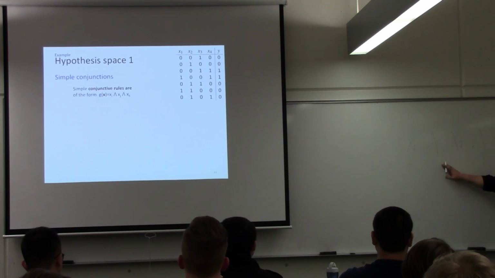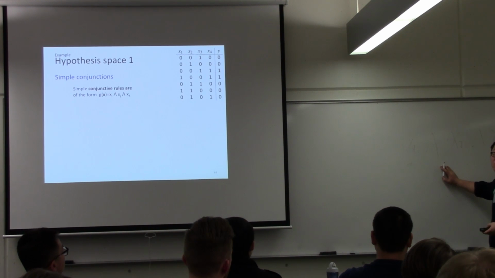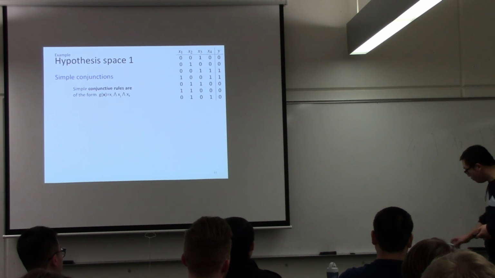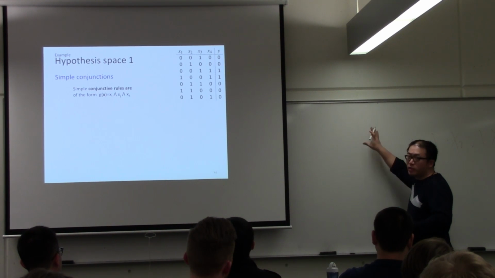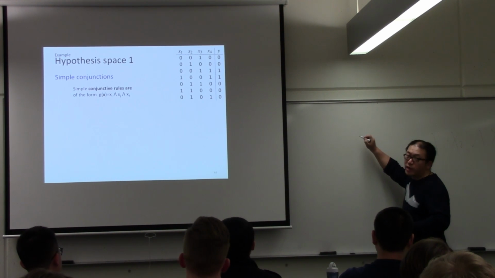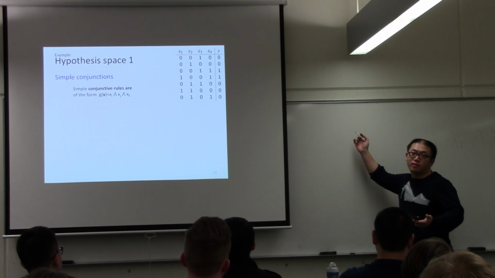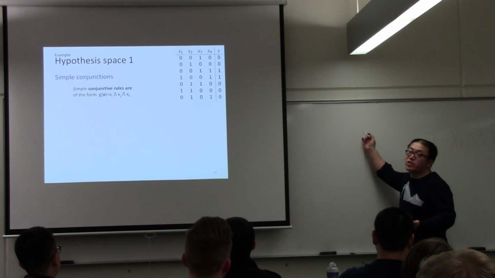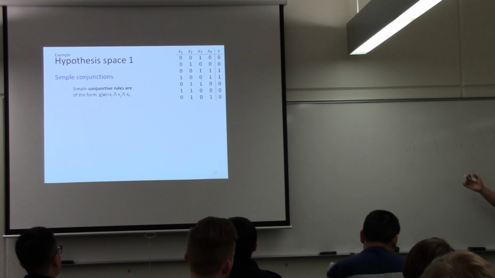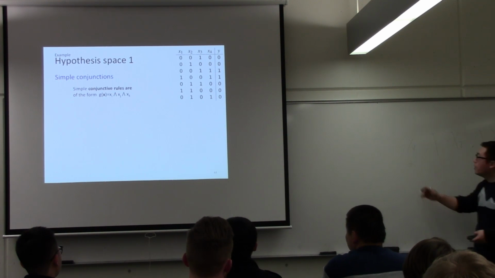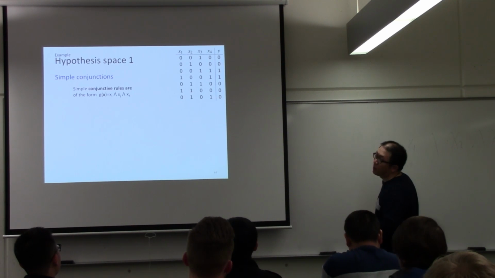Each choice corresponds to a specific conjunction function. So in our simple conjunction space for this simple 4 variable case, what's the size of hypothesis space? 16, right? Because we have in total 16 functions here in all possible simple conjunctions. So the size of hypothesis space is 16.